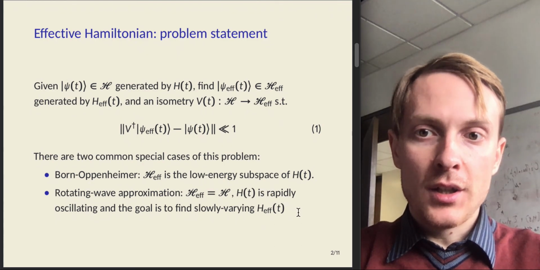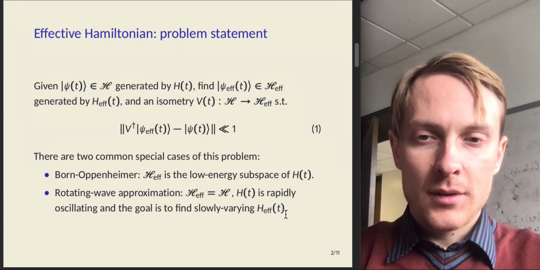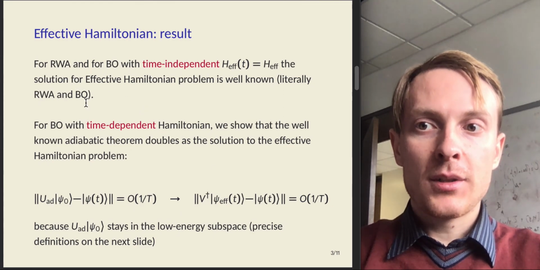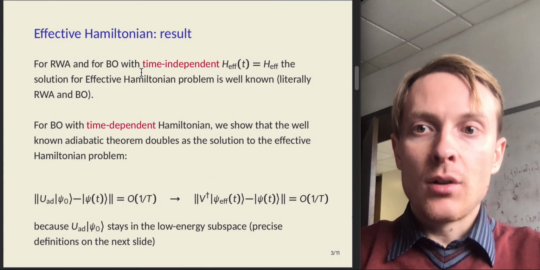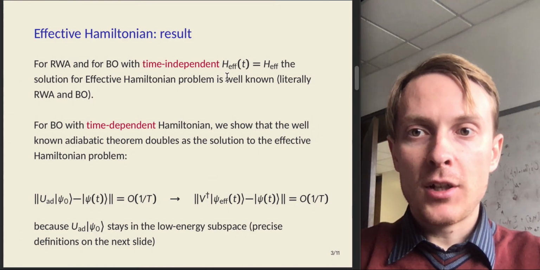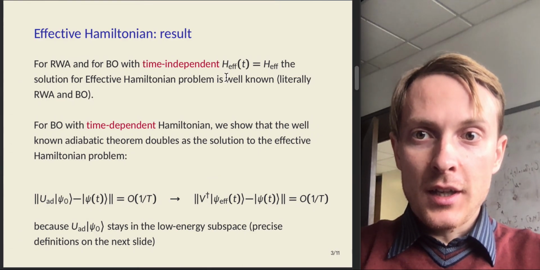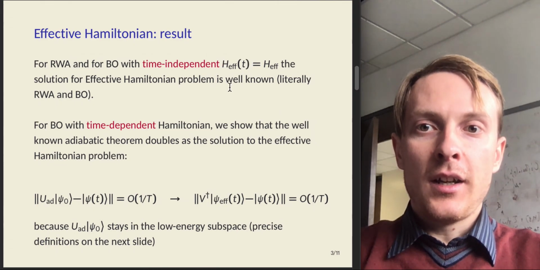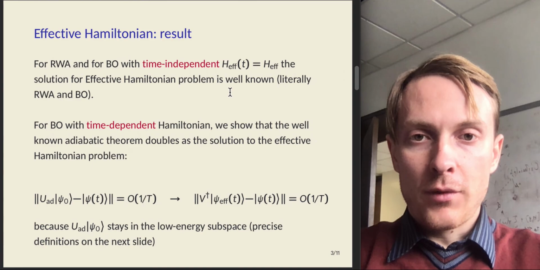We want to get rid of the fast rotating terms. These two methods solve the problem of effective Hamiltonian in the case where this effective Hamiltonian is time independent. And these solutions have been known for many years.